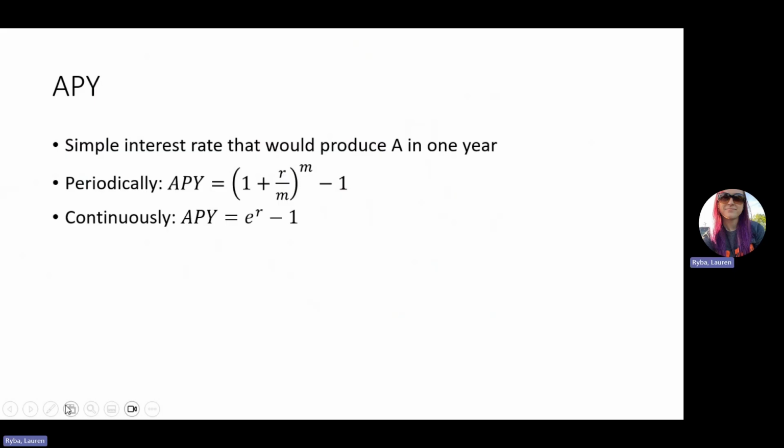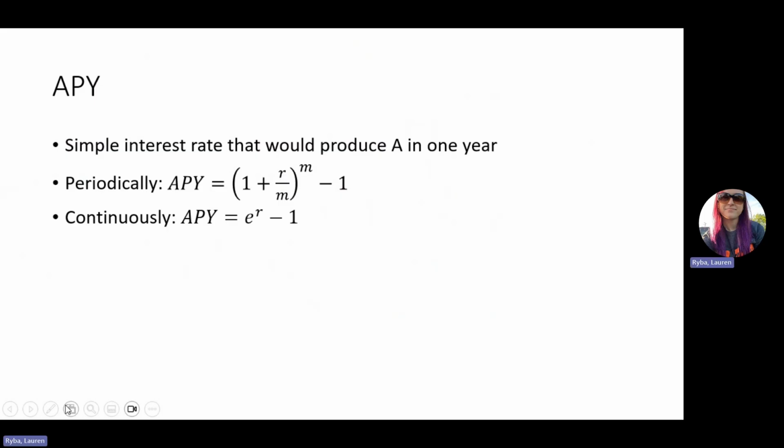When you compound interest, though, you earn interest on interest. So in the term of a year, you actually earn slightly more than the APR. So we can calculate what's called the APY to determine the actual interest that I earned compared to what the APR was.